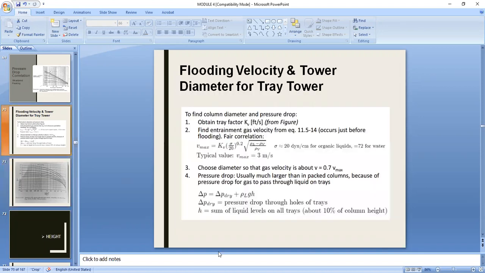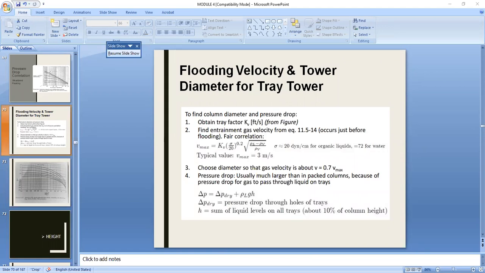Then find the entrainment gas velocity from equation 11.5-14, which occurs just before flooding. This uses the Fair correlation, and this is the formula.